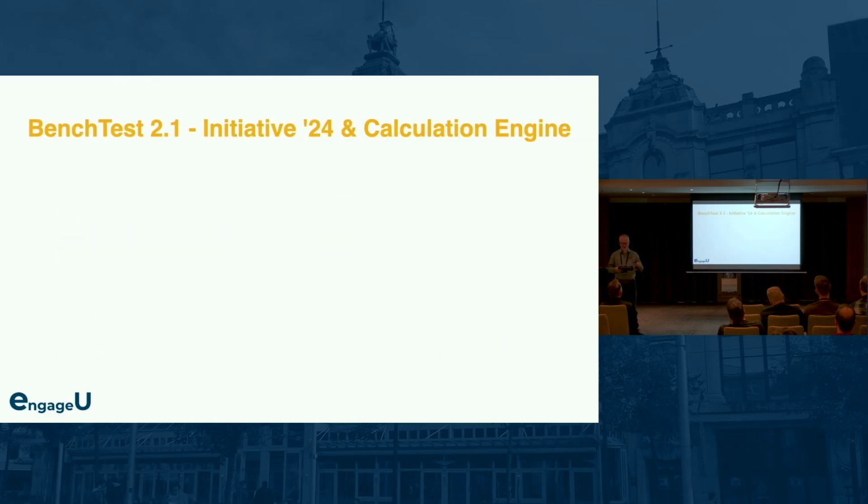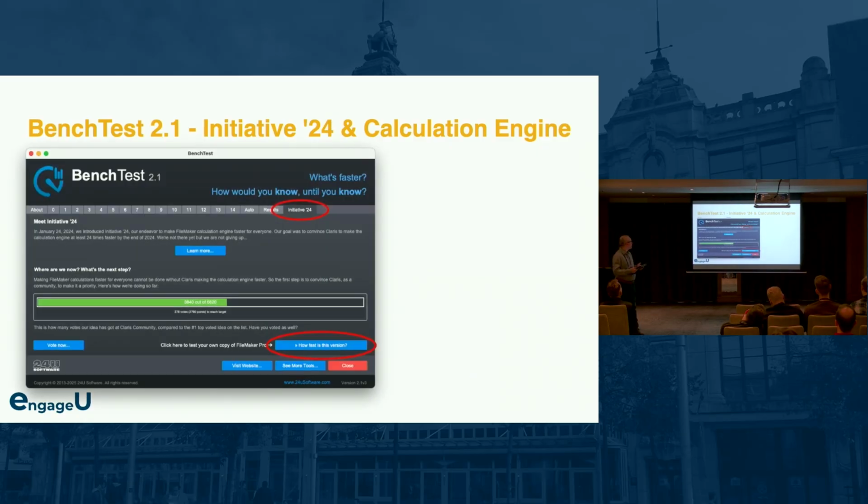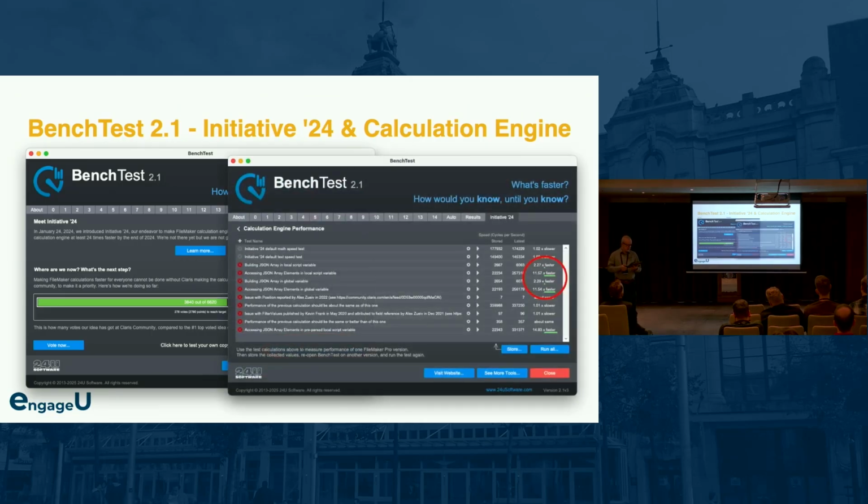As part of our bench test, we recently added a new tab called Initiative 24, which is focused on calculation performance. In there, I added some specific tests for looping through JSON, creating JSON arrays and extracting values from JSON.